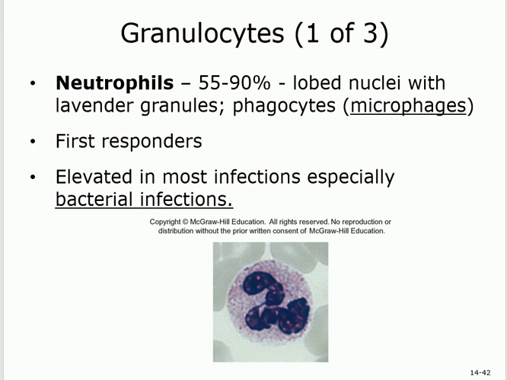Do you remember this? What if I see that your eosinophils are high? Allergy or worms, which are parasites, right? What if you see mast cells and basophils increasing? What does that mean? Inflammation. Mast cells, allergy and inflammation.